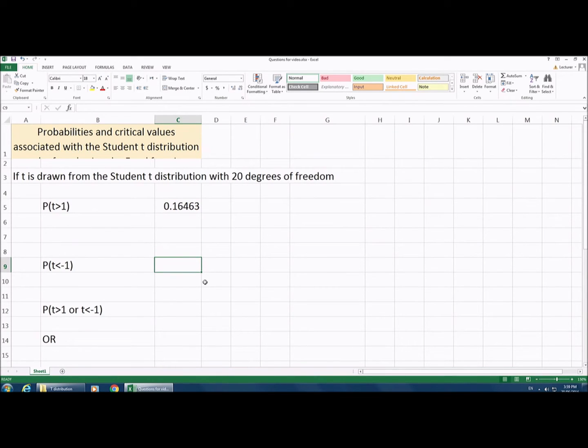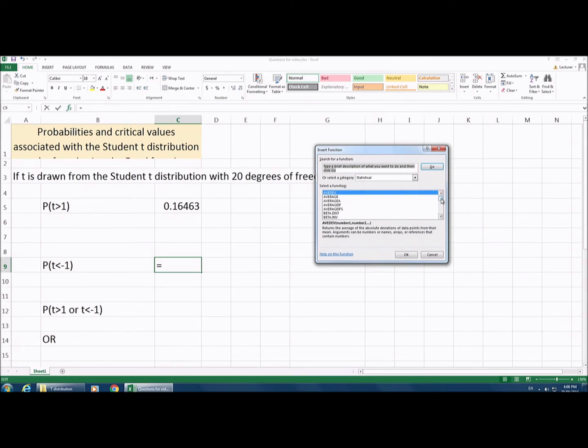The next example is the probability that t is less than -1. The Excel function we will use to answer this question, because it's t less than -1, is the t.dist function, because this is for the left tail.